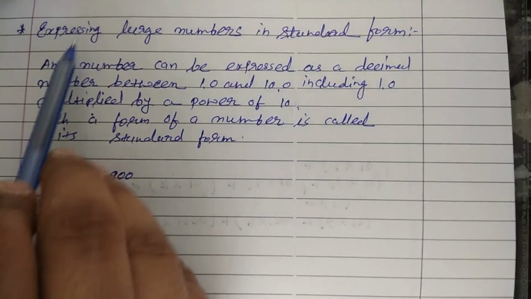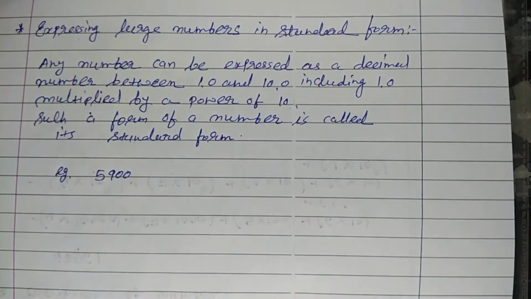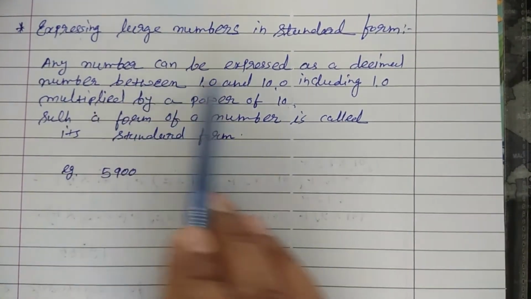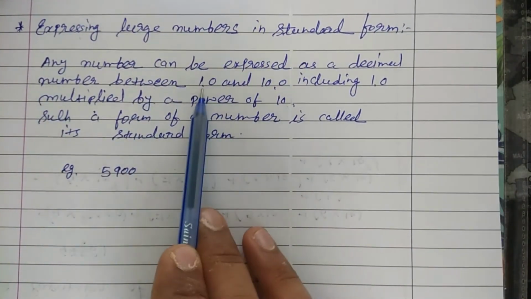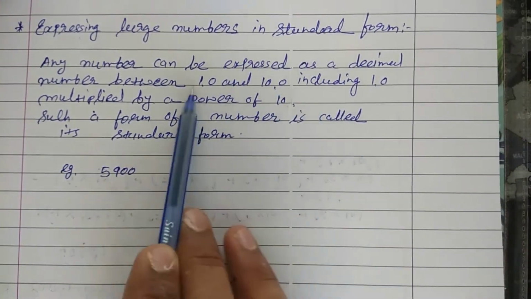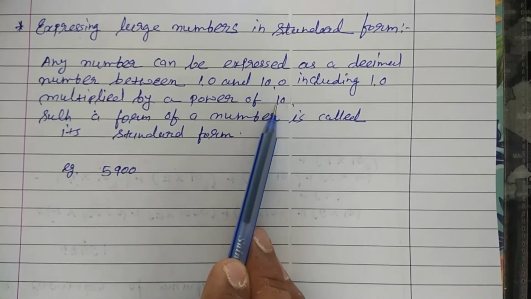Next, expressing large numbers in standard form. Any number can be expressed as a decimal number between 1.0 and 10.0, including 1.0, multiplied by a power of 10.